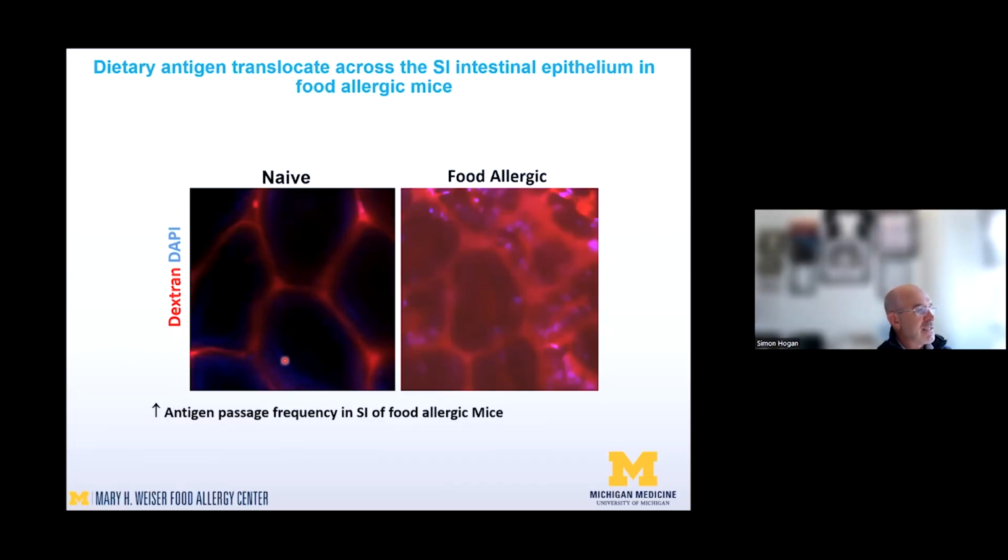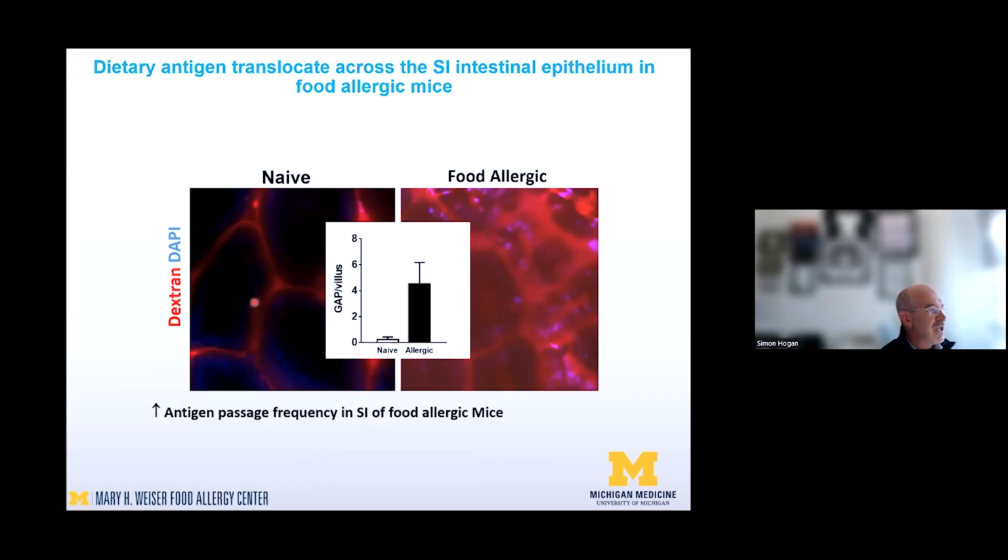We took mice that we had spent many years developing, in which we were able to induce a food allergic reaction. The movie's not going to work, but essentially what we were able to show is that in food allergic mice, the frequency of these goblet cell antigen passages is highly upregulated.